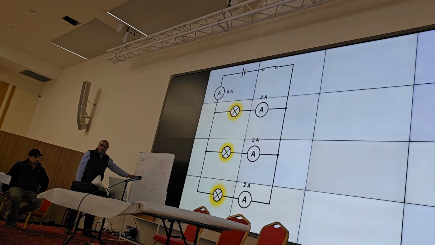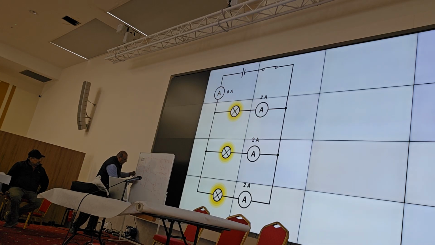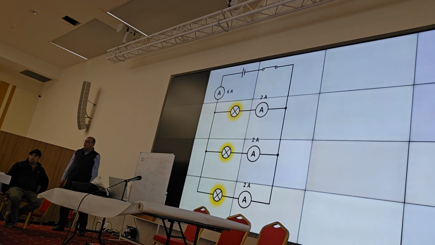V equals IR, so I equals V over R, which is 11 over 1.1. The answer is 10 amps. So 10 amps of current is flowing through this circuit.